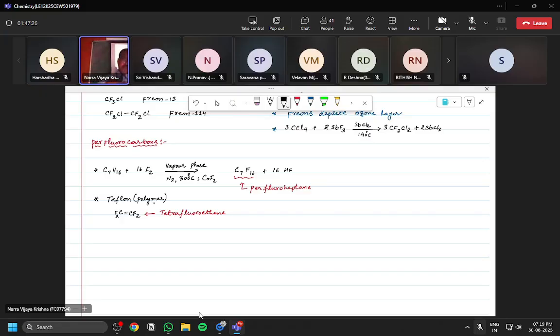Non-stick coatings. Non-stick pans, right? That black color is nothing but Teflon. They are non-toxic, extremely stable compounds, non-corrosive, can be used as lubricant, as electrical insulator.